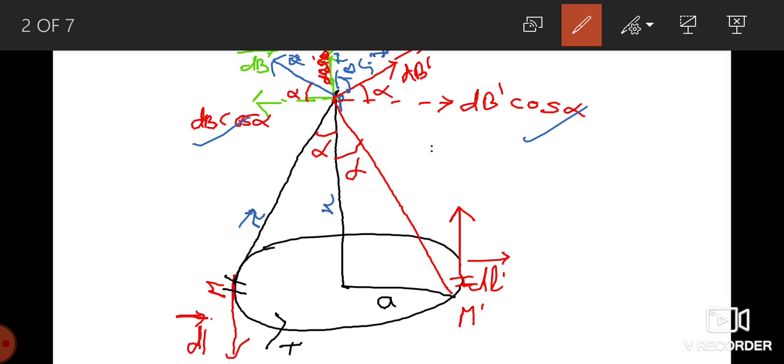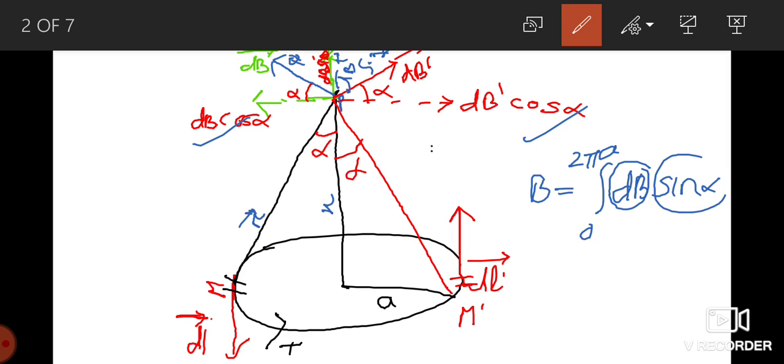So the net magnetic field intensity at P due to the circular conductor will be B equal to the integral from 0 to 2 pi a of dB sin alpha. Here we have to put in the value of dB and the value of sin alpha.